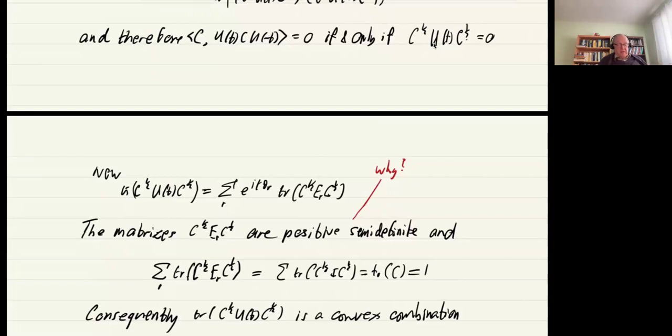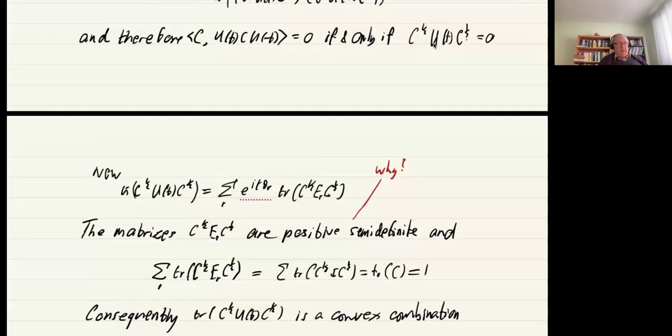Well, you bring the trace in, well, no, I'll leave the trace where it is. I'm going to take the sum of the E sub r's, that's the identity. So there's the identity, and so we're looking at the trace of C, but C is the identity matrix, so it's 1.